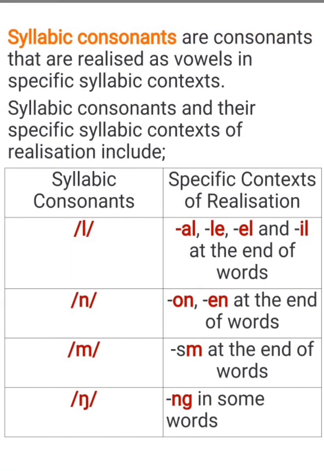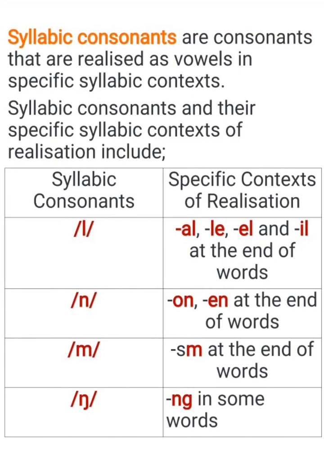That automatically means that they are consonant sounds that are also vowels in some spelling context. So syllabic consonants are consonant sounds, but they also are realized as vowels in a specific spelling environment.